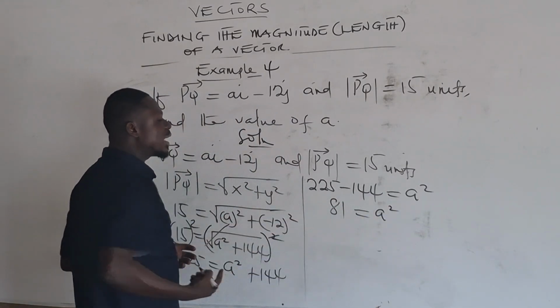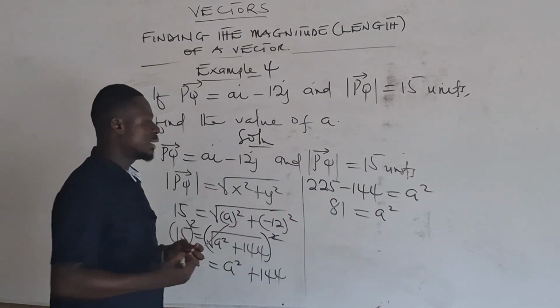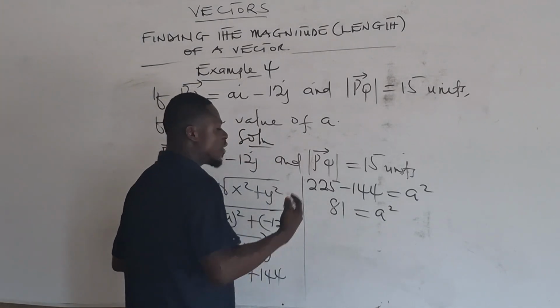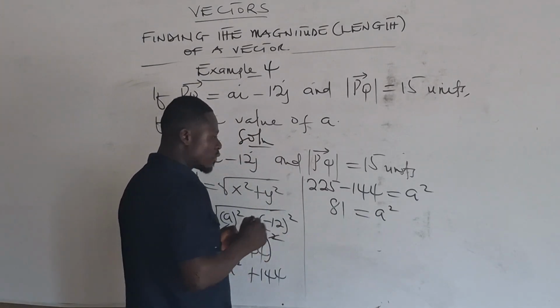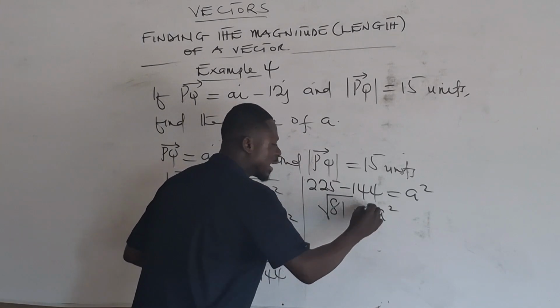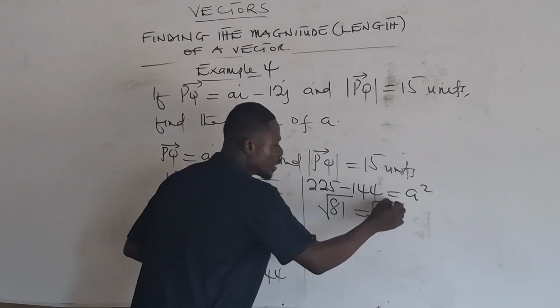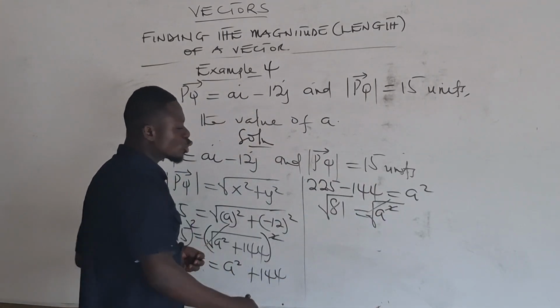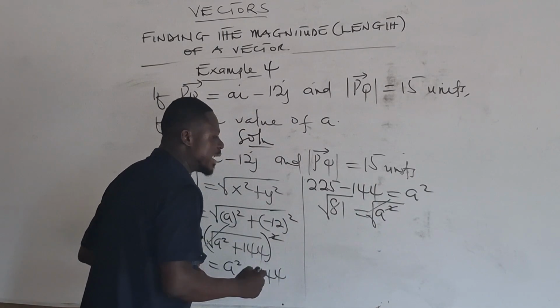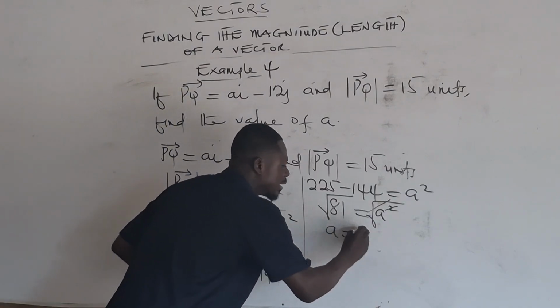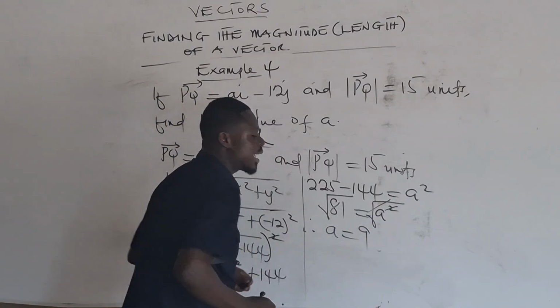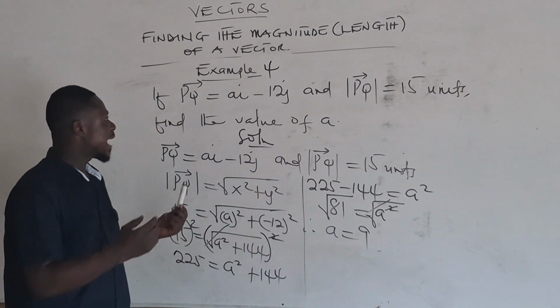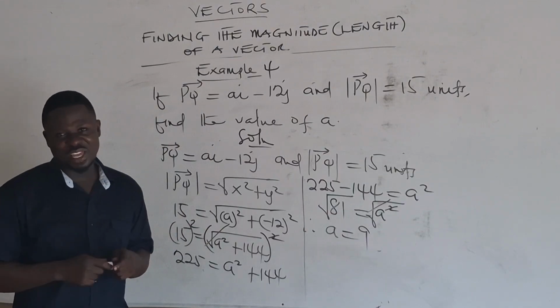In order to find A, we will get rid of the square, and we do so by finding the square roots on both sides. The square cancels the square root, and the square root of 81 is 9. Therefore, A is equal to 9. That will be the value of A.